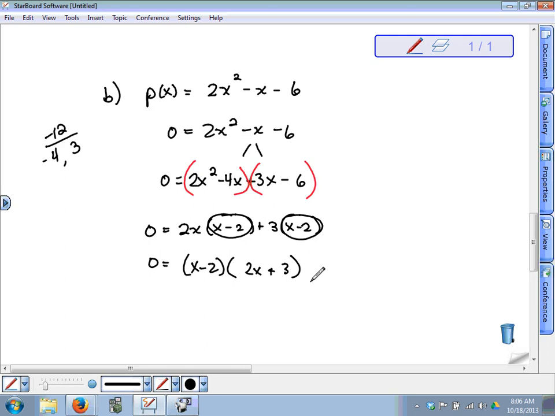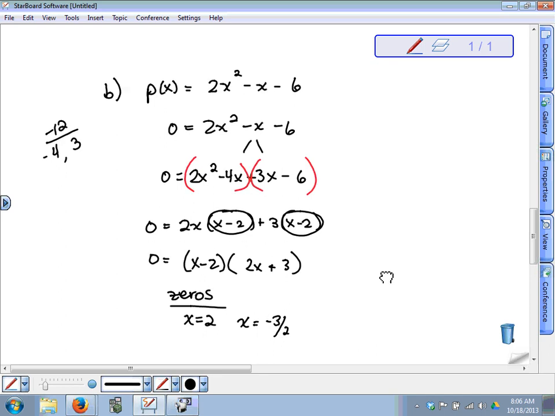We're almost there. Now that we have it in factored form, it's easier to find the zeros. It's not always easy, but easier. The zeros are x equals 2. What about this one? Yeah. Negative 3 halves. It was a degree 2 polynomial, right? We found 2 zeros. Let's do part C.